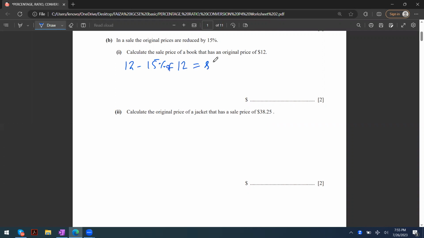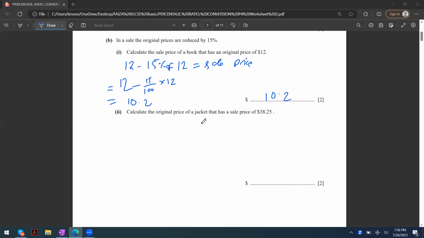That is going to be the sale price. So 12 minus, that means 15 over 100 times 12. That is 1.8. So the price is now 10.2.